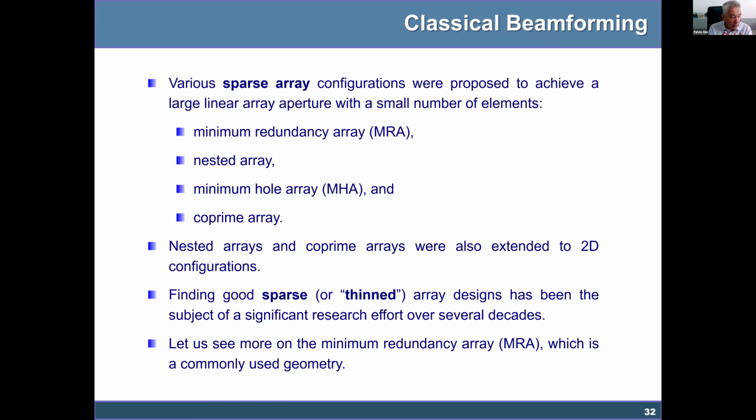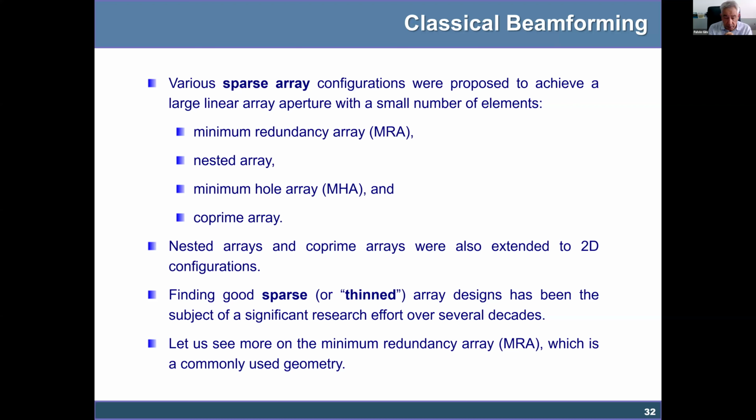The only possible way to improve the resolution, so to increase the array aperture, is to increase the number of elements. So in other words, we have to increase the cost of the hardware.